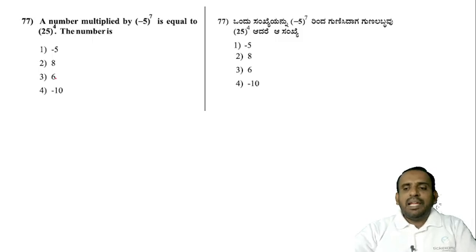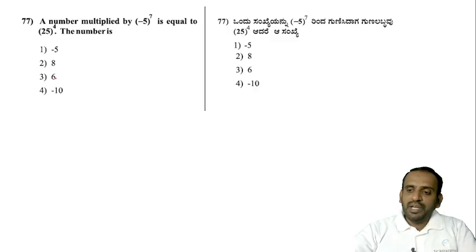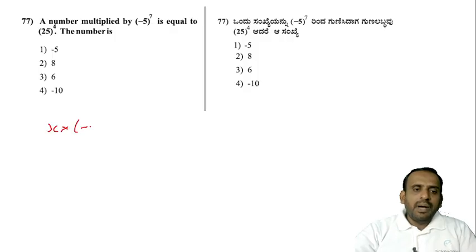A number multiplied by minus 5 to the power of 7 is equal to 25 to the power of 4. The number is what? So now a number, we don't know what is the number, so we will consider it as x. X is multiplied by minus 5 to the power of 7 is equal to 25 to the power of 4.